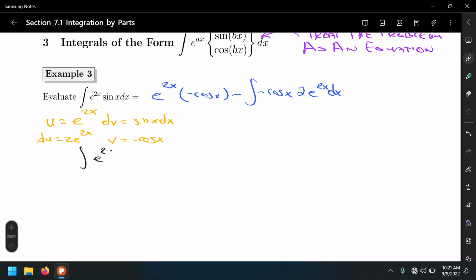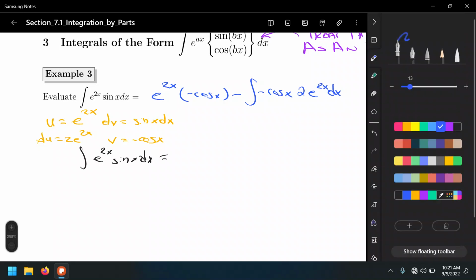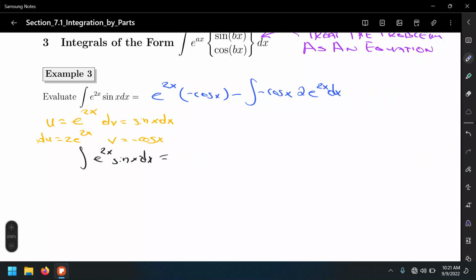The integral of e to the 2x sine x dx equals, in the first place, negative e to the 2x cosine x, and negative times a negative is positive, 2 times the integral of e to the 2x cosine x dx. And this integral again requires integration by parts.